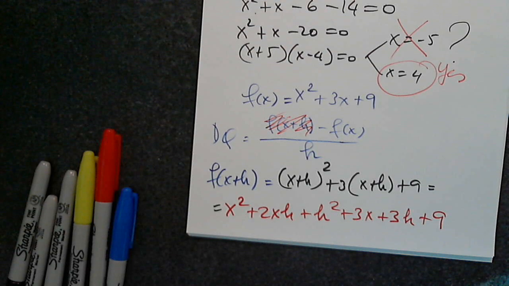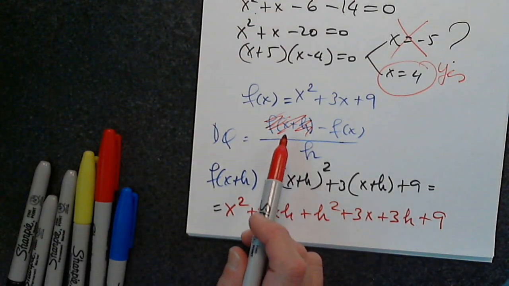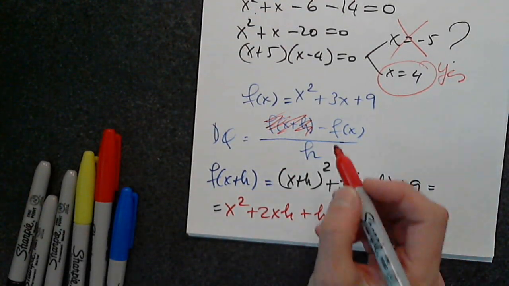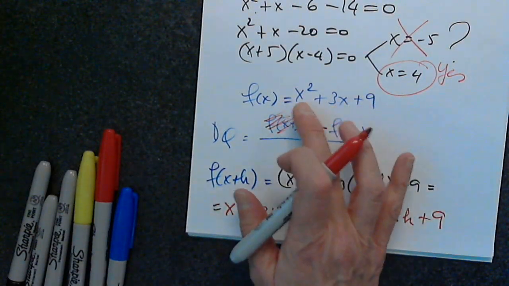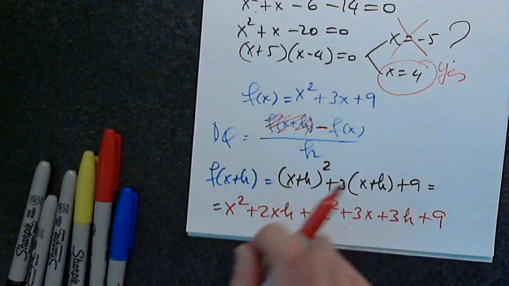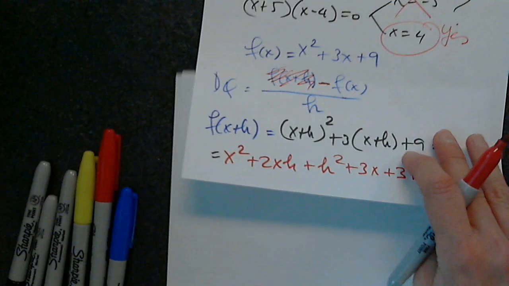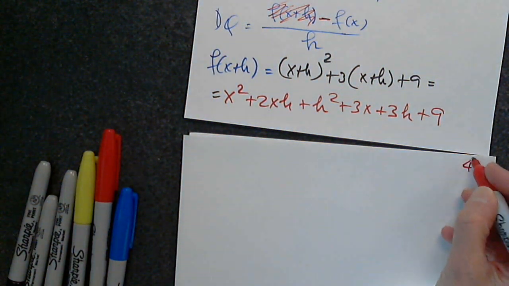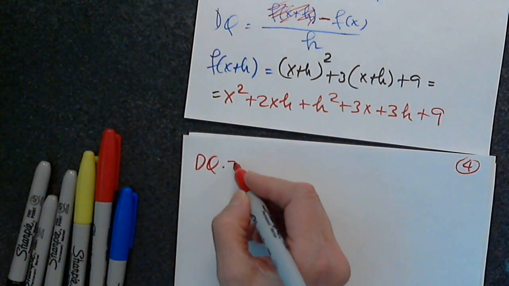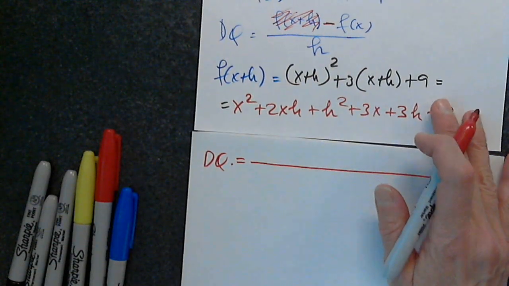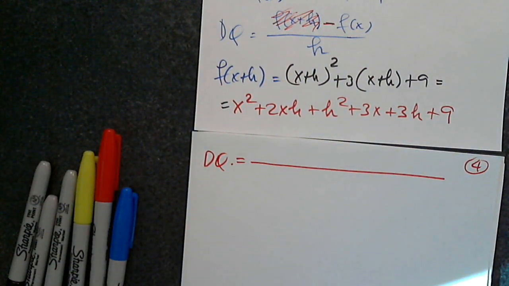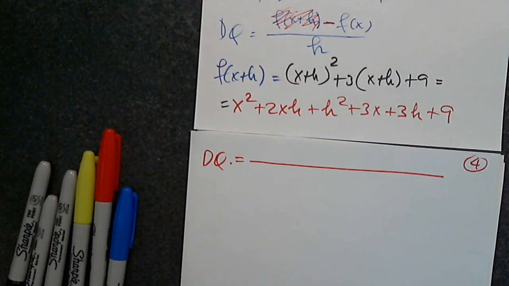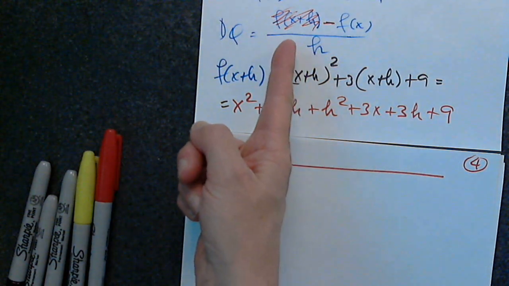So I can put all pieces together. All this is this. I will distribute -1 to all three terms, and then try to simplify. I'm ready when you are. The difference quotient. What do I have to write? This whole thing will replace that.